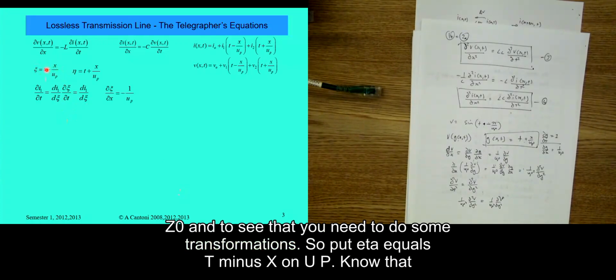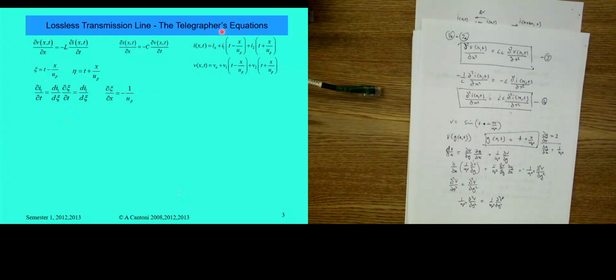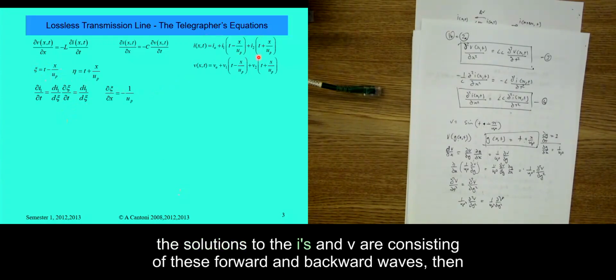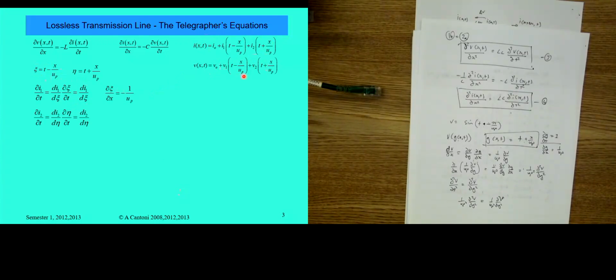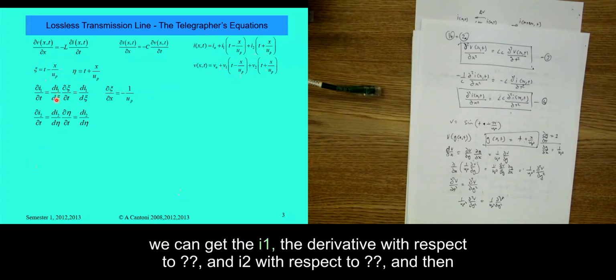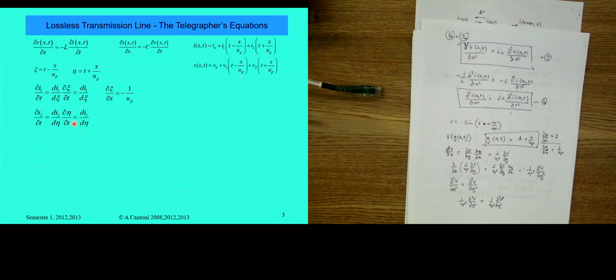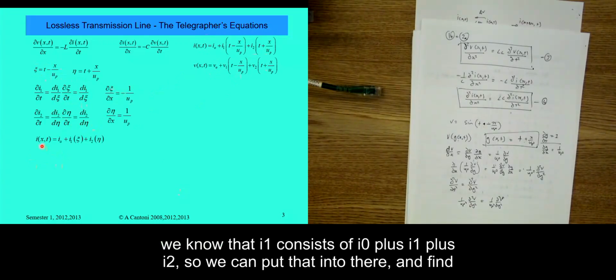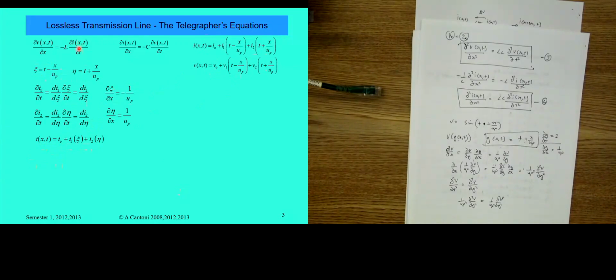So put eta equals t minus x over UP. We know that the solutions for the i's and v's consist of these forward and backward waves. Then we can get the derivative of I1 with respect to eta, and I2 with respect to eta, and find what they are. We know that I consists of I0 plus I1 plus I2, so you can put that in there.